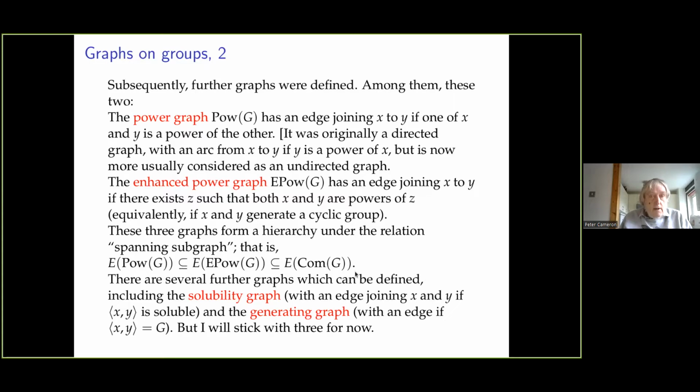So there are three graphs which will do to get us thinking about the questions. If we have a hierarchy like that, the natural first question is, what happens if two successive graphs in this sequence are equal? Which are the groups for which the power graph is equal to the enhanced power graph, and which are the groups for which the enhanced power graph is equal to the commuting graph?